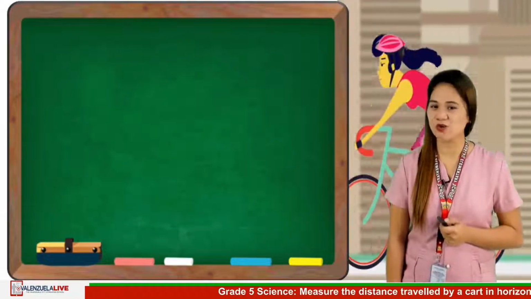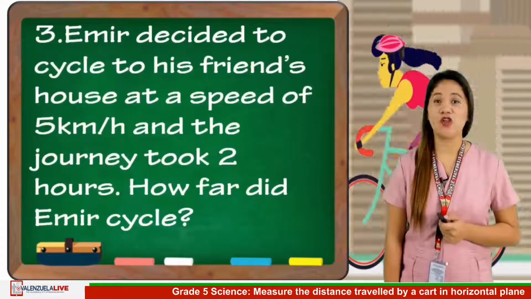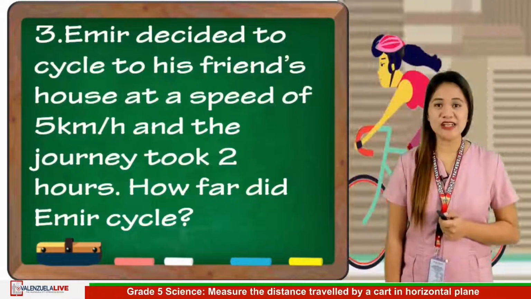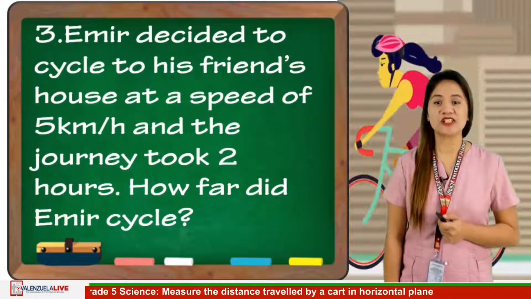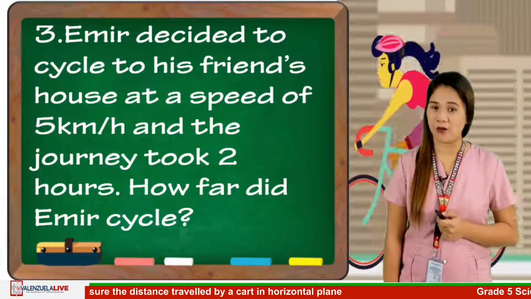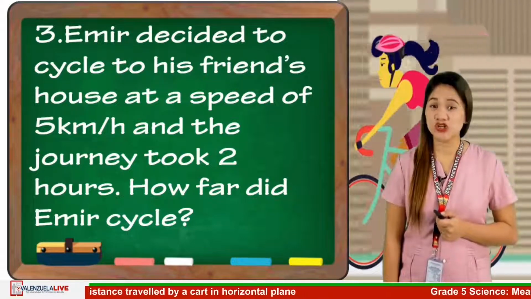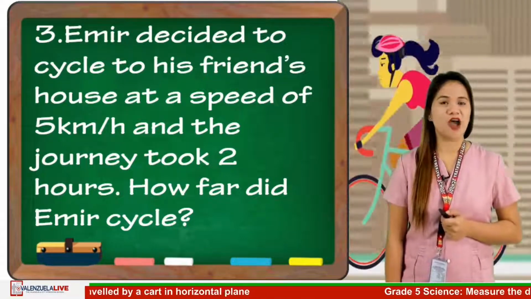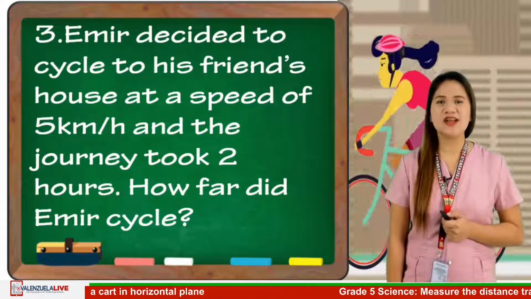How about this one? Number 3. Emir decided to cycle to his friend's house at a speed of 5 kilometers per hour and the journey took 2 hours. How far did Emir cycle?